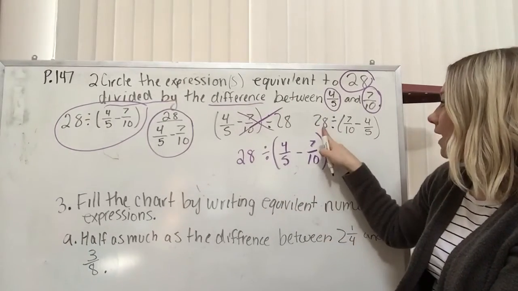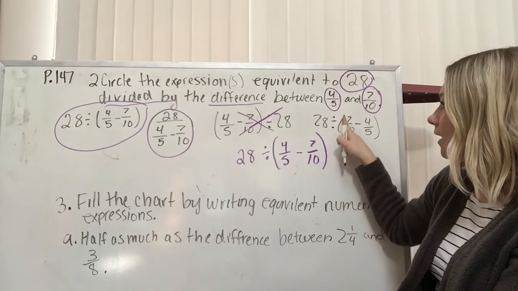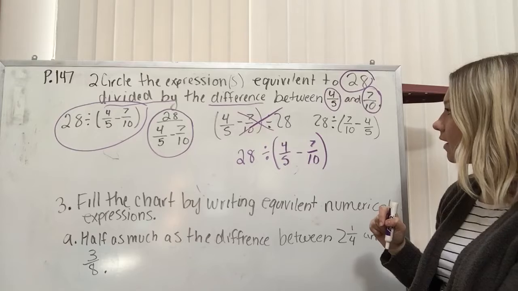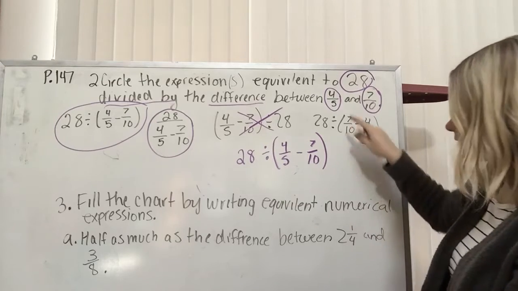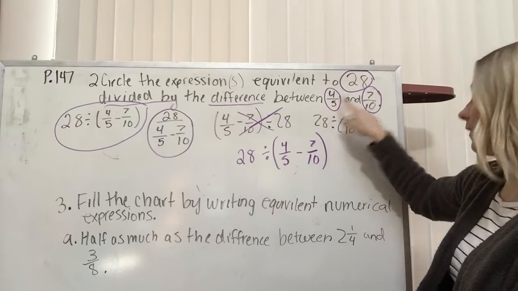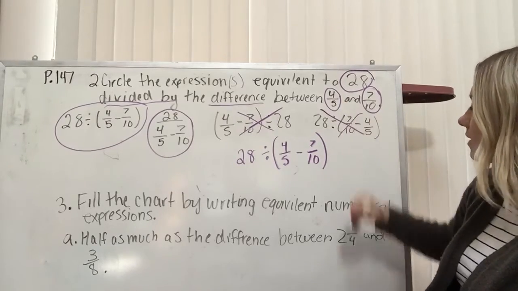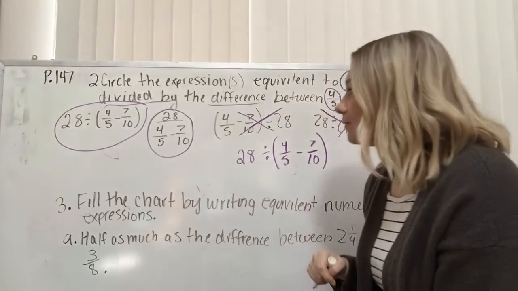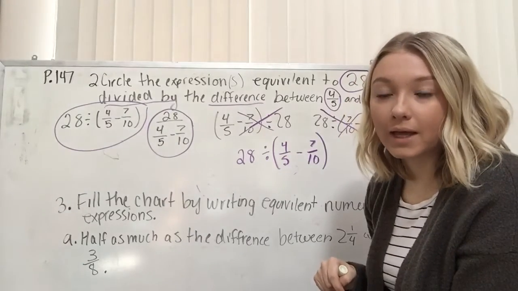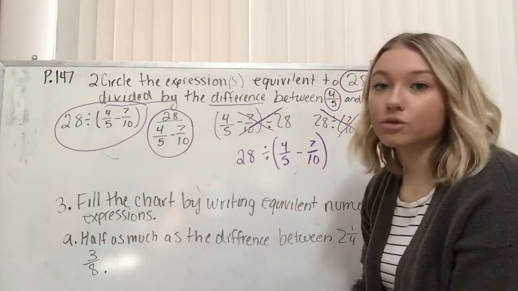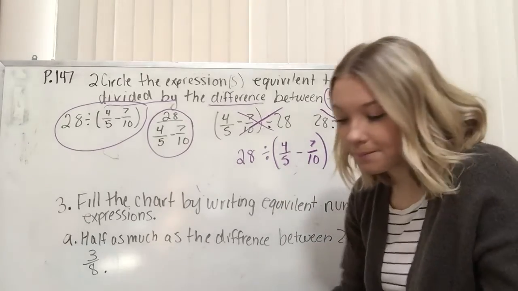And then 28 divided by, and then 7/10 minus 4/5. Well, that can't be it because we want to find the difference between 4/5 and 7/10, not 7/10 and 4/5. So that's a no-go. We got our two equivalent, then we can move on, okay? So make sure that you're checking to see which one is which, okay?